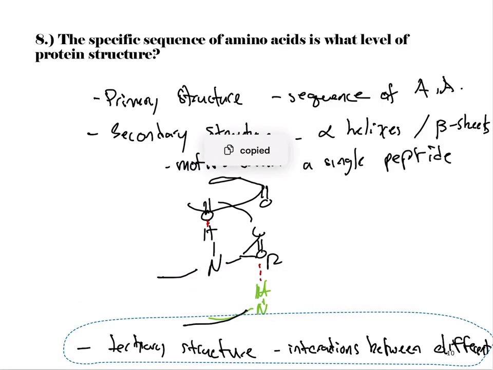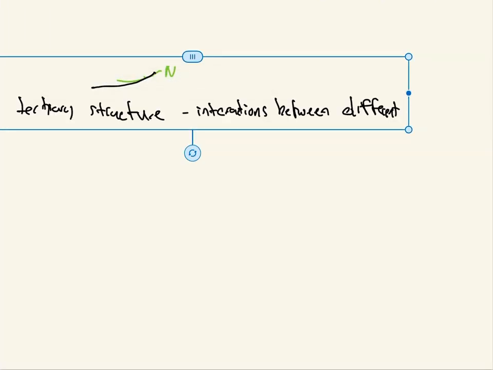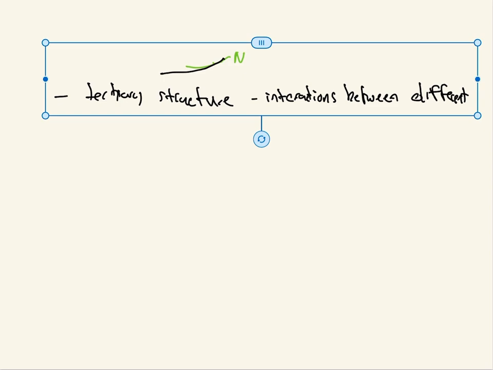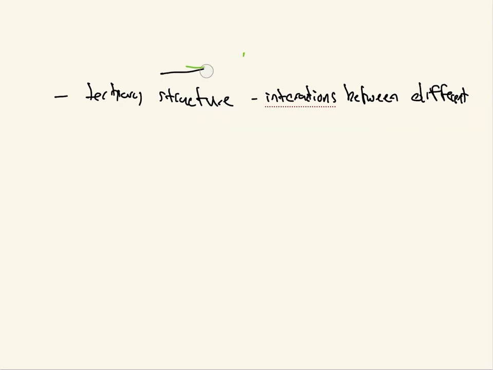Tertiary structure: interaction between different parts or motifs within a polypeptide.